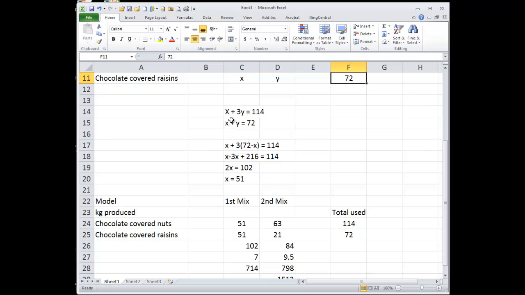Here we see that Y is equal to 72 minus X, which I substituted in the first equation. Just simple algebra. Now we'll multiply this out. X plus 3 times 72 minus 3X, that's 216, equals 114. So that's negative 2X equals negative 102, or 2X equals 102, so X equals 51.